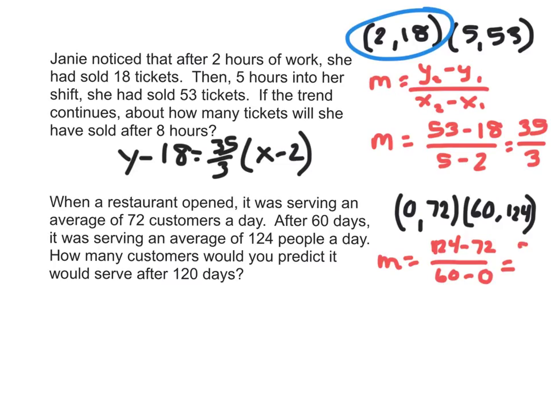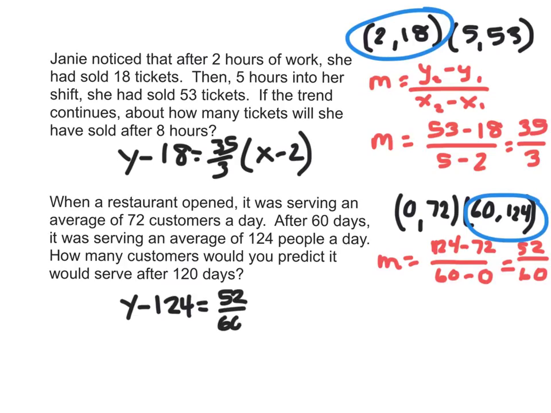So we have 52 over 60. Again, I can use either point. This time I'm actually going to go ahead and use this point here. I'm going to write my equation. y minus the y value, 124, equals the slope, 52 over 60, times x minus the x value of 60.